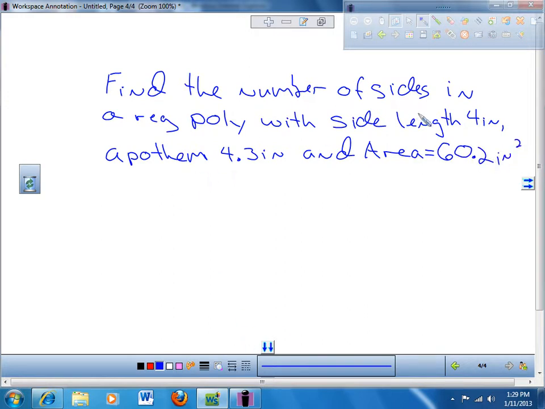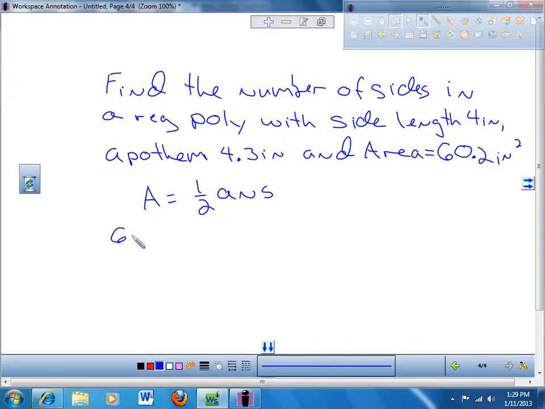I have a regular polygon with a side length of 4, an apothem of 4.3, and an area of 60.2. So again, it's just plug and chug, but in this case, since you don't know the perimeter, you're going to use the formula 1/2 ANS. You want to plug things in and then solve for them.